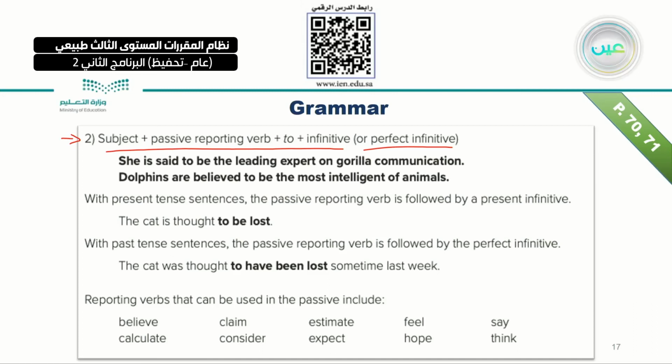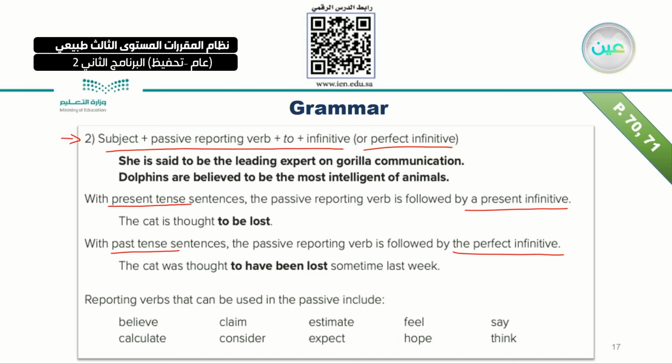So here, the cat is thought to be lost. While using the past tense, it will be followed by a perfect infinitive. So the cat was thought, not is, was thought to have been lost, sometime last week.